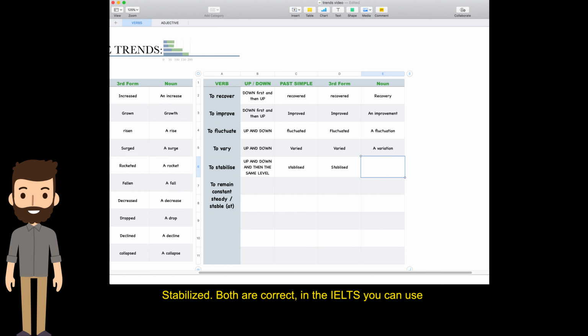In the IELTS, you can use American spelling, you can use the British spelling. It's totally fine. Noun would be, any guesses? A stabilization. Perfect. It's a Z if you want to use a Z. Okay, thank you for catching that.